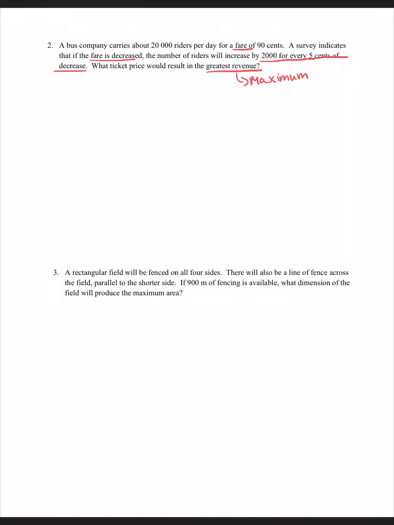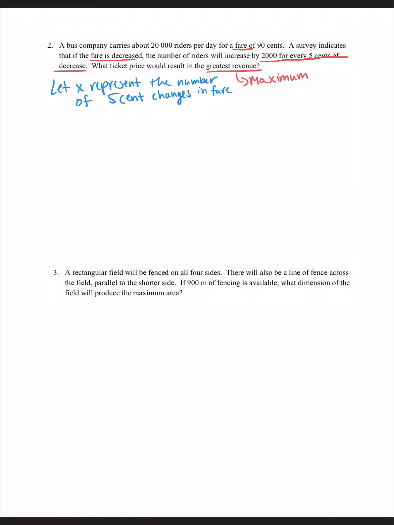So let's let X represent the number of 5 cent changes in fare. Right? Because they're not going to go down by 1 cent. Every time they go down, they're going to go down by 5 cents.